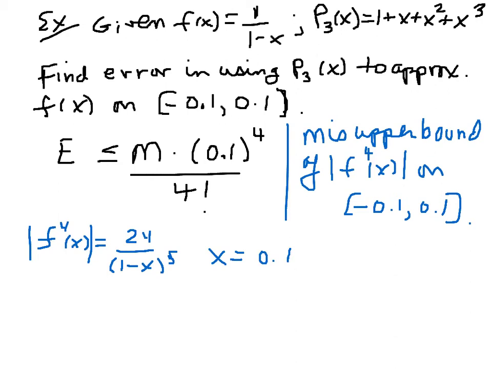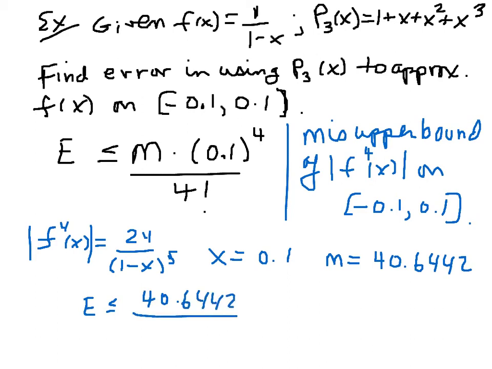And when we do that, M is going to turn out to equal 40.6442. And so therefore the error will be less than or equal to 40.6442 over 4 factorial times 0.1 to the fourth.